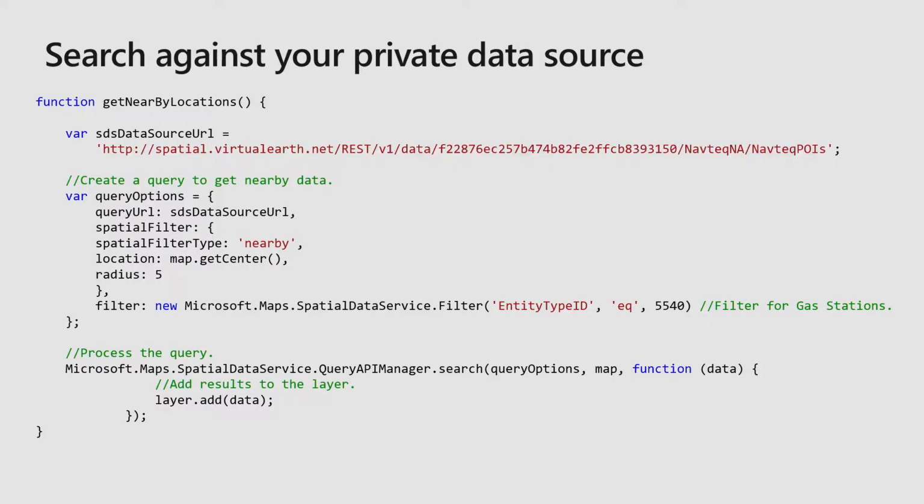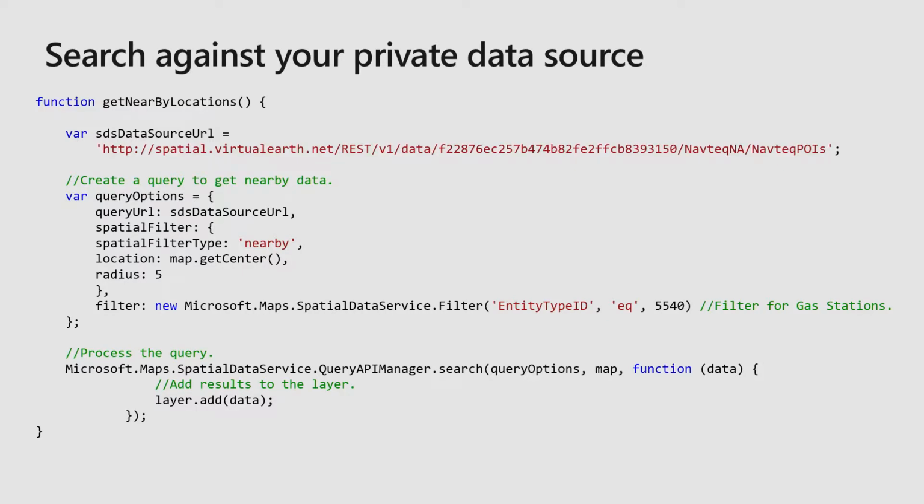So this is what, once you've uploaded and geocoded your data, you would do a query very similar to this, where you would just substitute in your data source's query URL, set your options, and then you can do all kinds of advanced querying, not just the basics of find within a bounding box or find within a radius. You could also do more advanced things like find along a route.